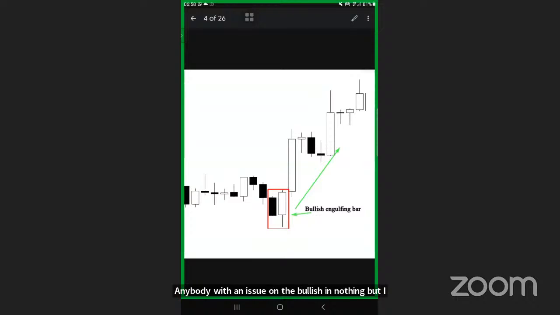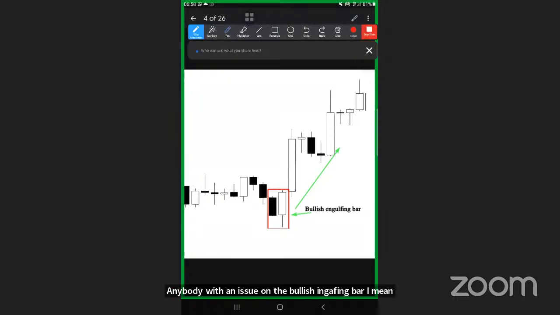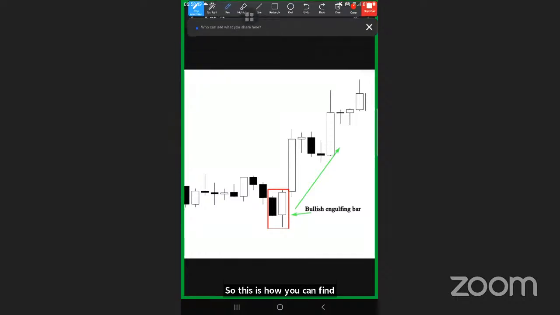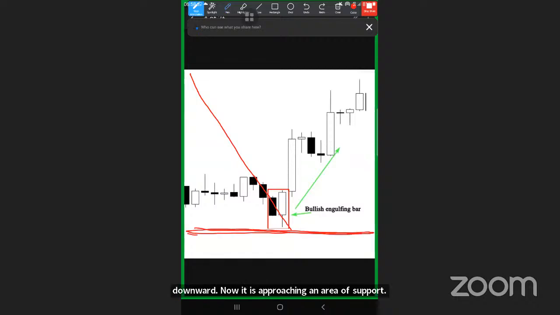So this is how it looks in the market. Like I said, the market is coming from the top going downward. Now it is approaching an area of support. The market is being supported here. This is when you switch on the AI margin call on Royalq.